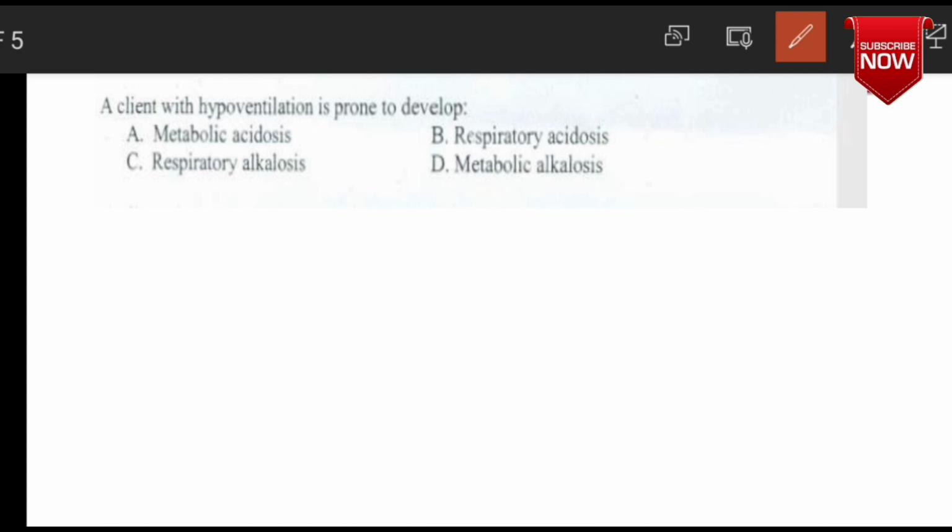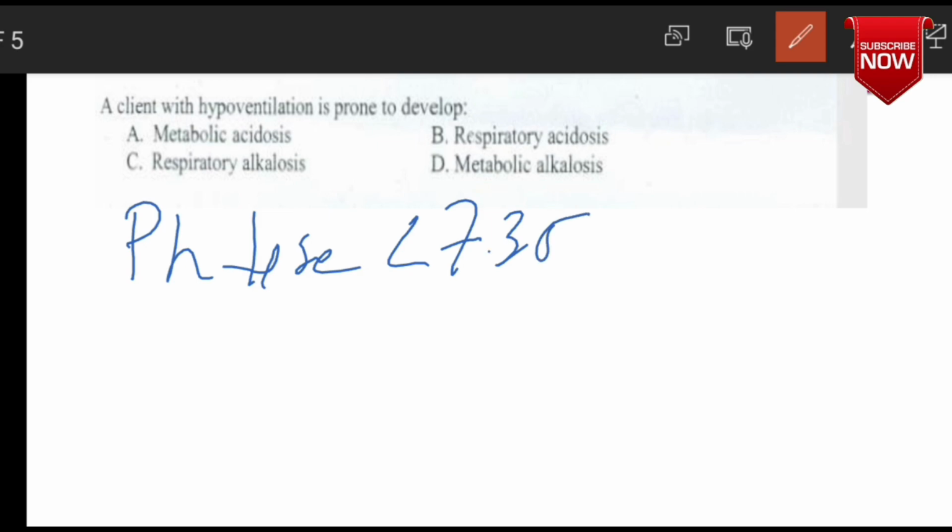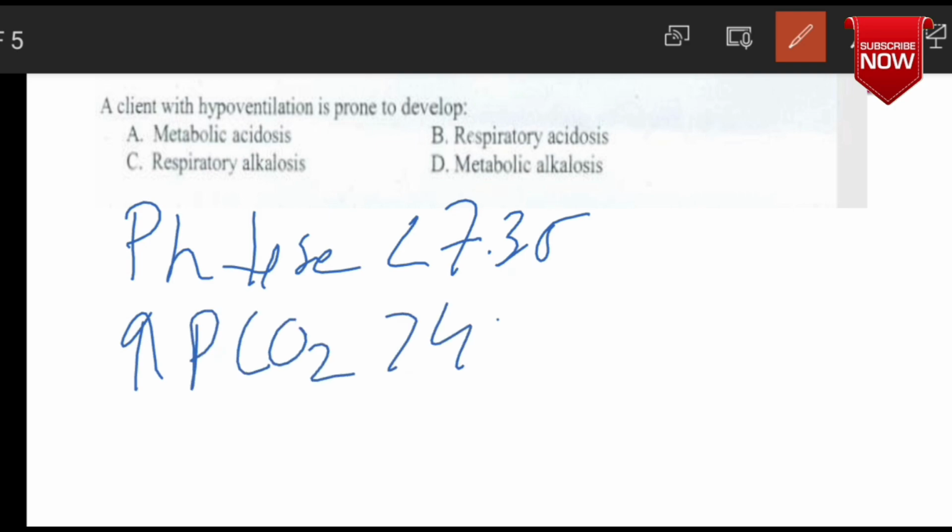Once again, in respiratory acidosis, the pH value is decreased, the value less than 7.35, and increased partial pressure of carbon dioxide more than 45 mm of Hg.